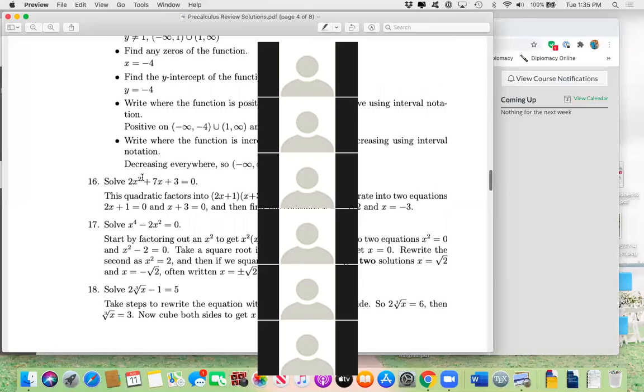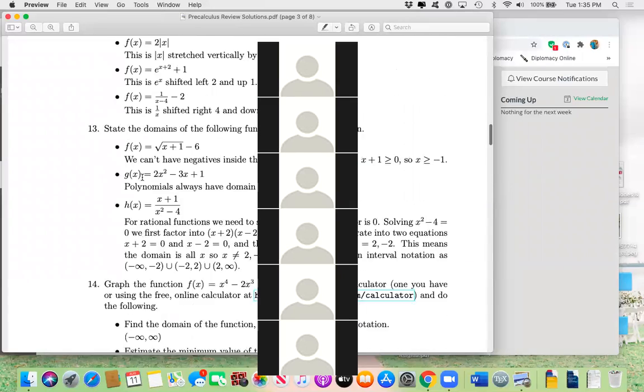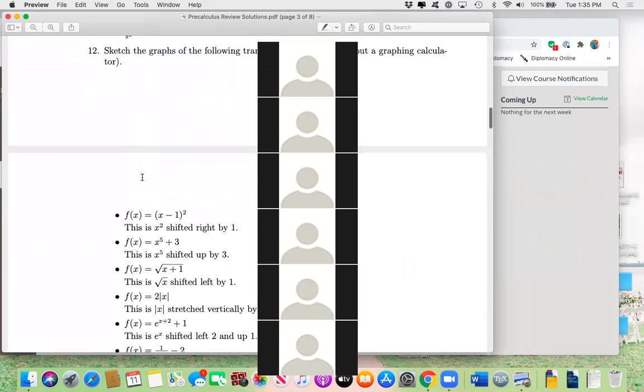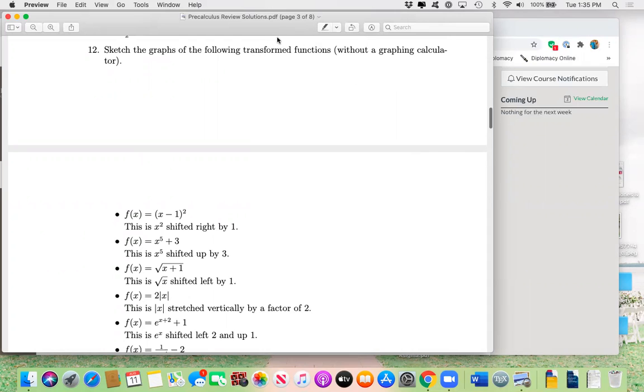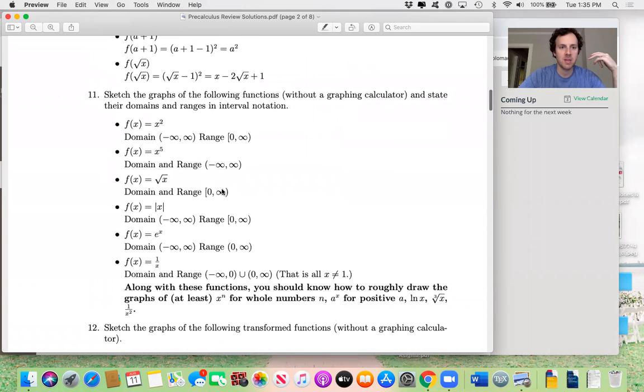Okay. So 12 to 15. Okay, so the graphing ones. Before I really get into this, I'll say that in 11, sketch the graph without a graphing calculator, a lot of this is knowing the general shape.